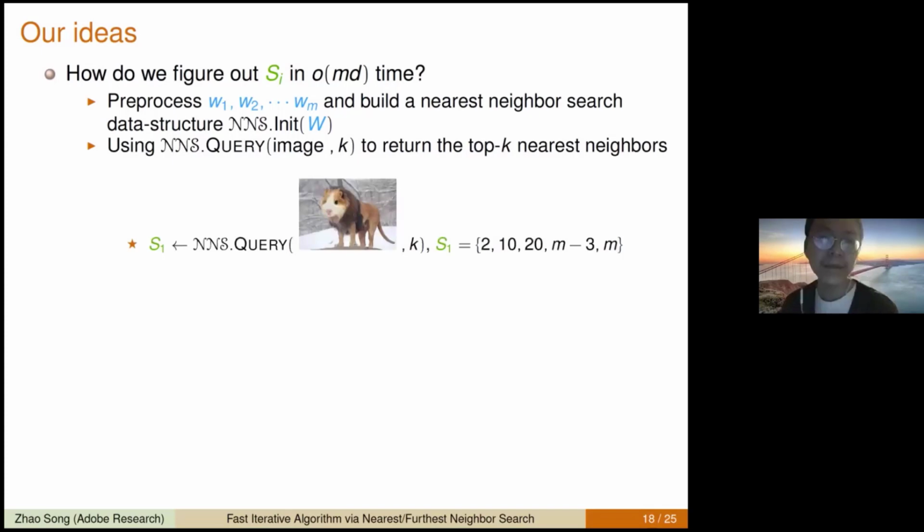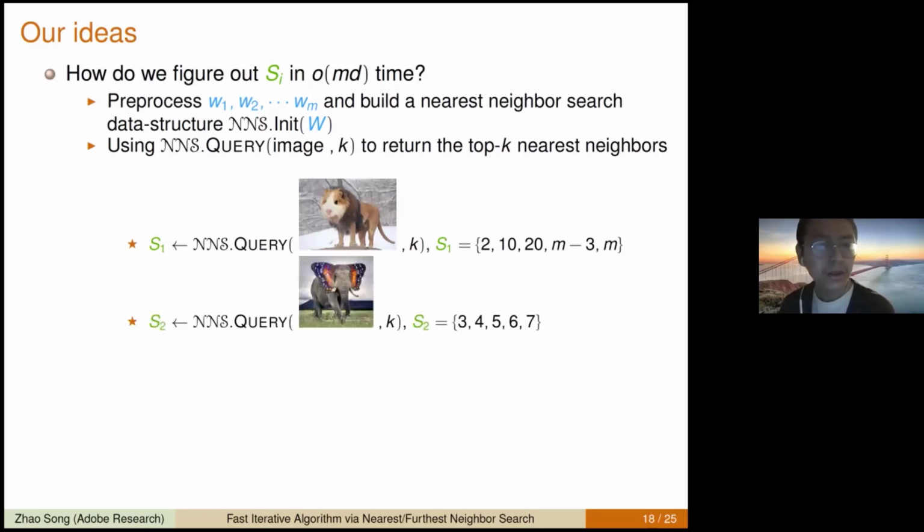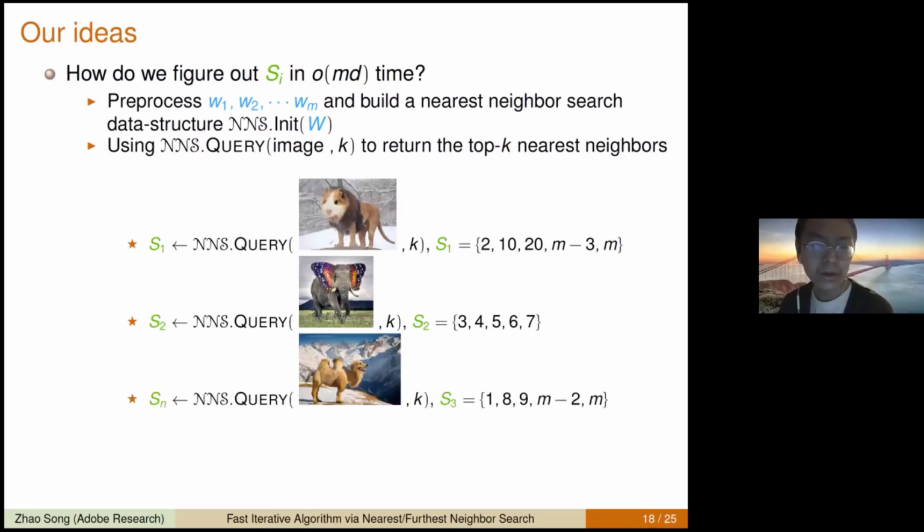So if you query a particular image, we are going to figure out a bunch of important neurons for you. Say we choose k equal to 5, then for this image we are going to tell you S1 is this one, and for another image, it will tell you a different set. You can query different images, and the major intuition is that for every image, only a few neurons are going to be active.